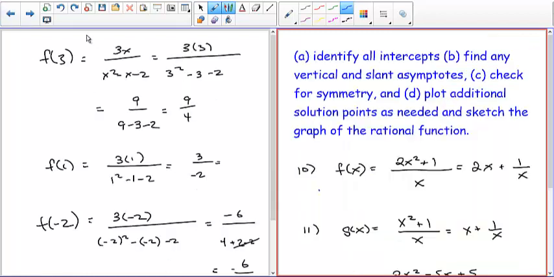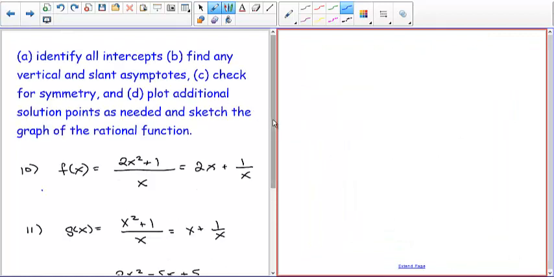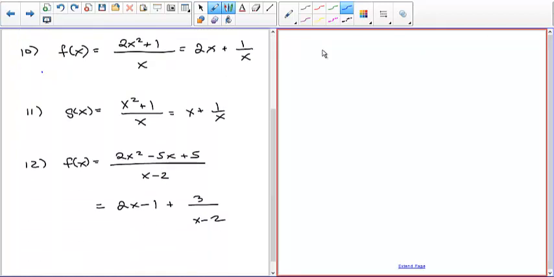Let's find the function again here. So we want to do it at 1 and 3 on either side. So we want to do f of 1. So we'll have 2 times 1 squared minus 5 times 1 plus 5 divided by 1 minus 2. So you can see these cancel out, and I get 2 divided by negative 1, which is negative 2.